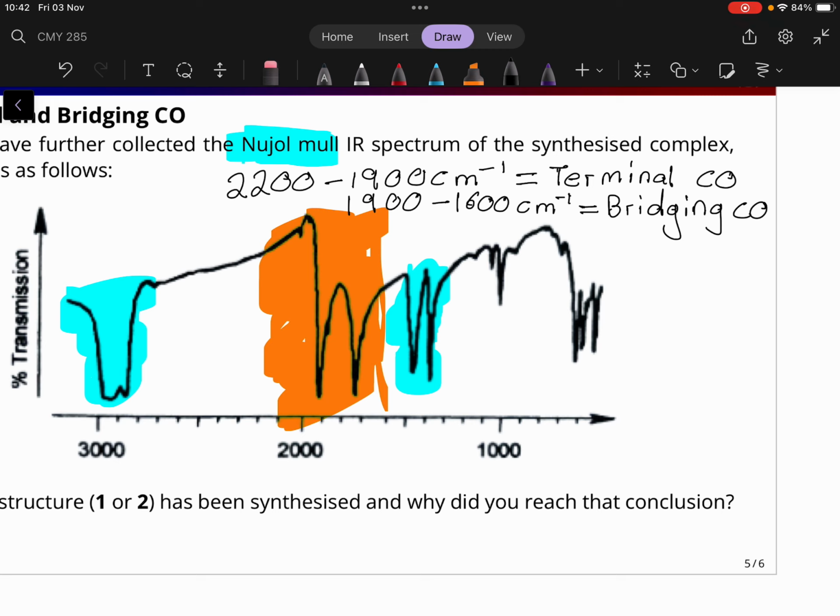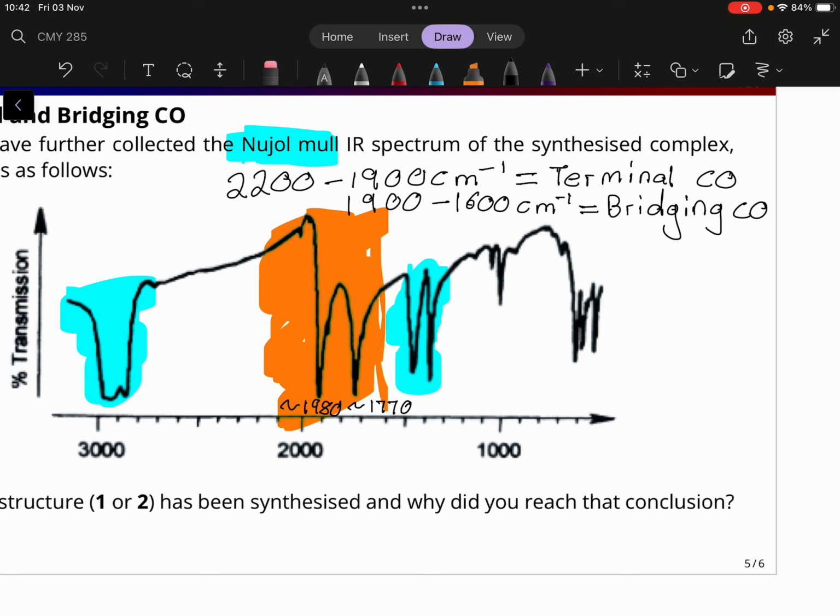We see here we have a stretch at about 1980 per centimeter, and we also see a stretch at 1770 per centimeter, which is the one on the right, and the other one's on the left.